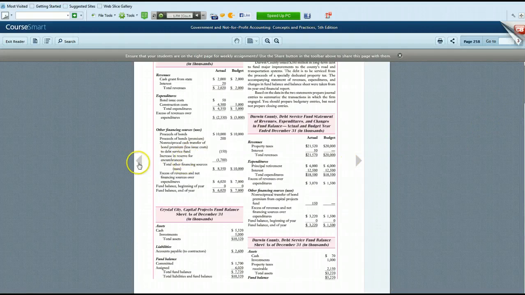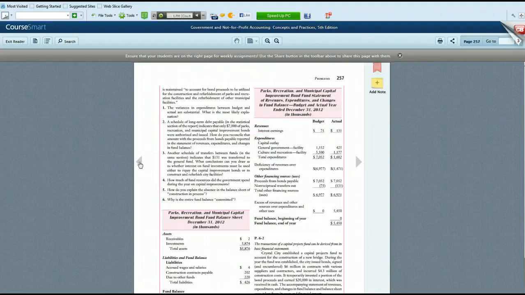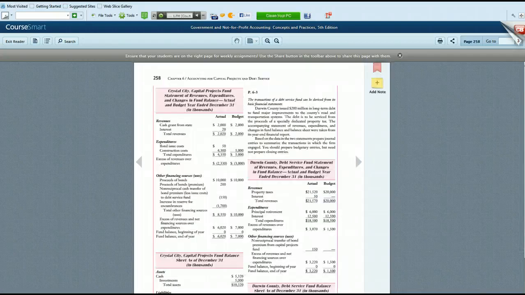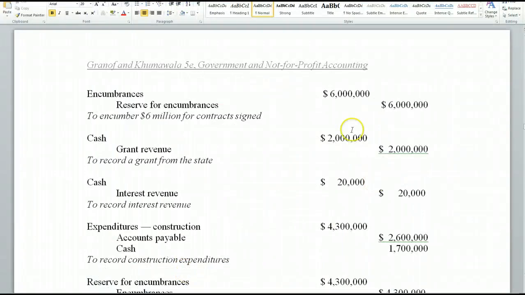If we look back on the paragraph that we saw previously, it told us that we signed and encumbered $6 million in contracts. So that would be a budgetary entry that we would need to provide to encumber $6 million. So our debit to encumbrances and our credit to the reserve.